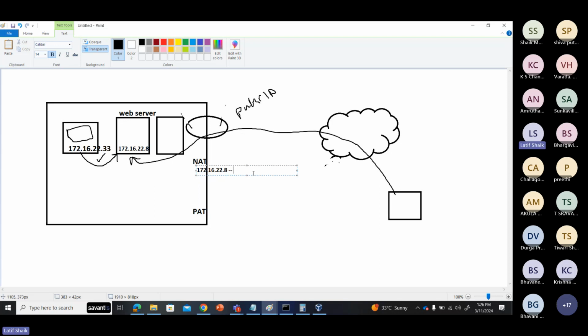For example, 112.22.46.7T1. So this is my public IP. I purchased this public IP from the ICANN regional centers. So I have to go and apply.